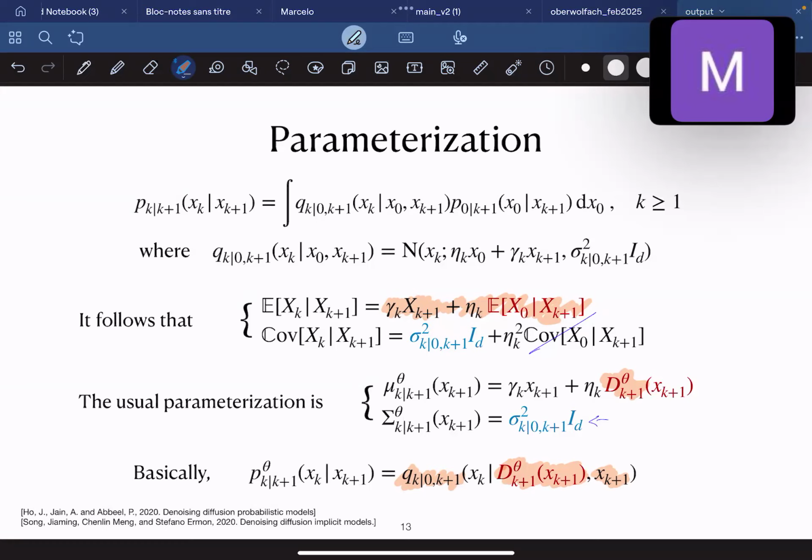That gives you the parameterization that Ho and co-authors have proposed to approximate the conditional distribution of xk given xk plus 1.